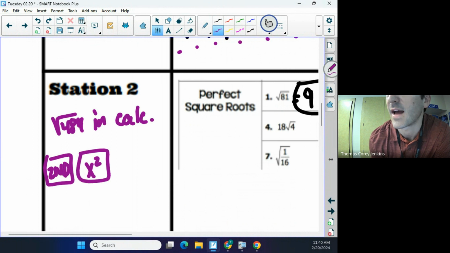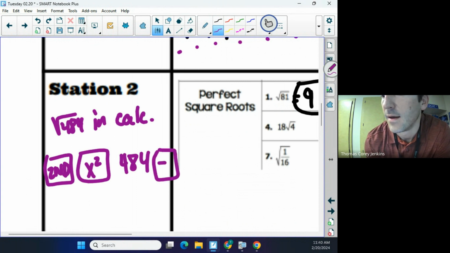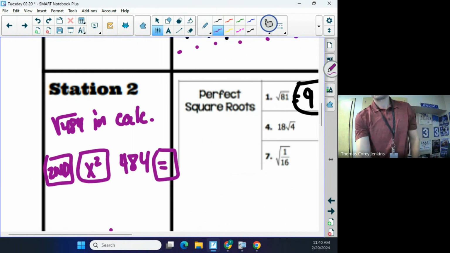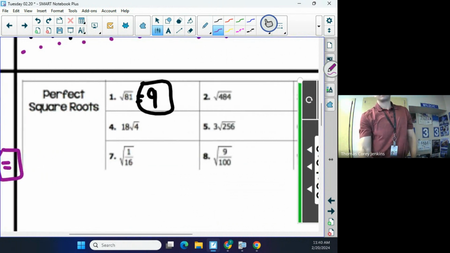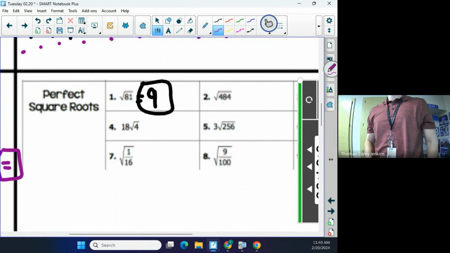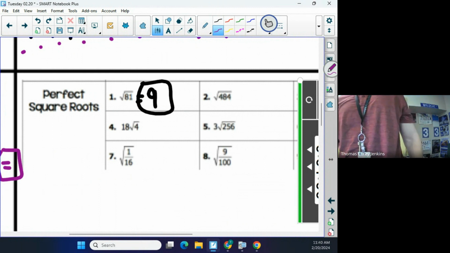That should bring up your radical. Then type in whatever your number is. So in this case, your radicand is 484, and then just hit equals. Does anybody have a number? What is the square root of 484? Anybody type it in? 22 is correct. Very good.